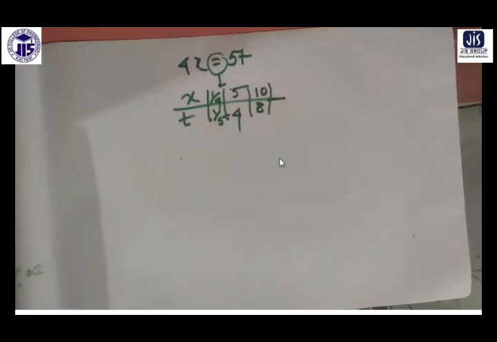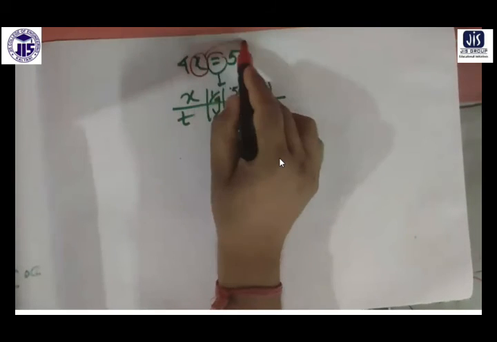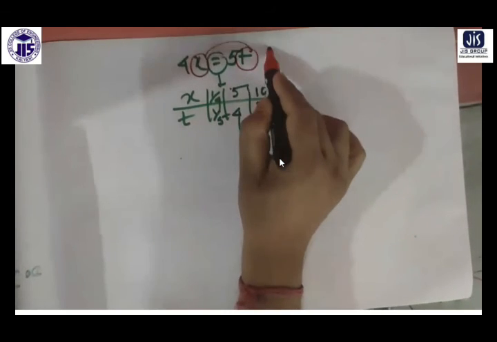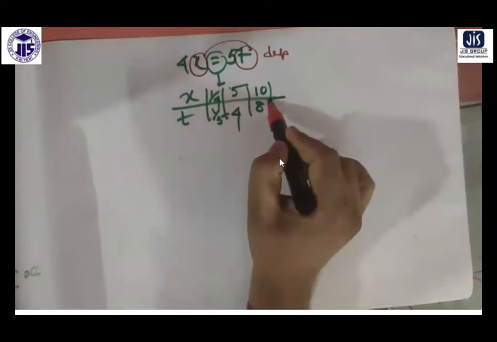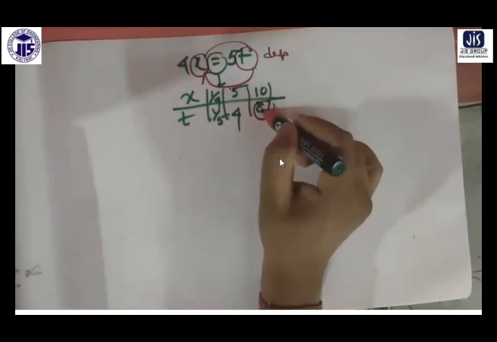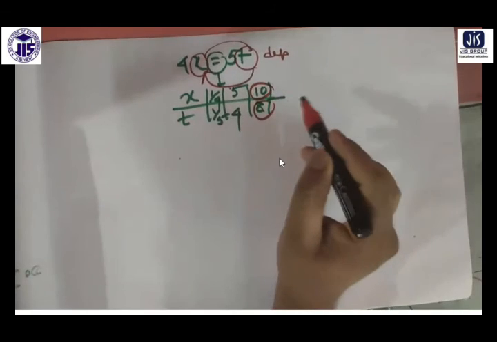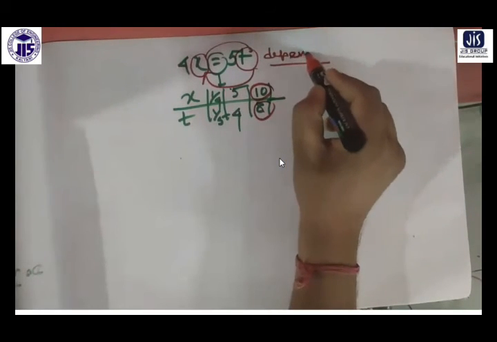So if I choose the value of x as 1 by 4, then t has to be 1 by 5. I am making them dependent on each other. If I choose t equal to 8, then x has to be equal to 10. So this dependence is incorporated there.